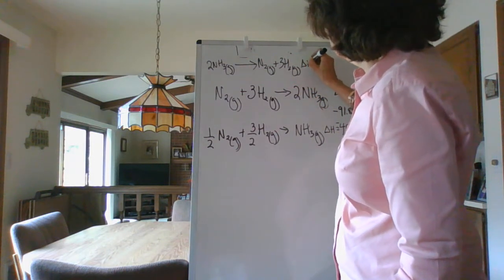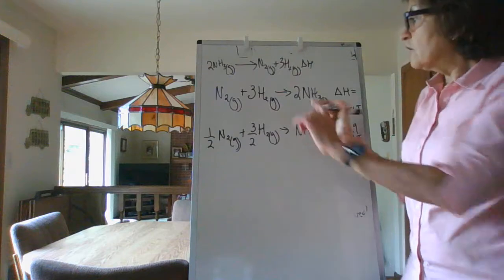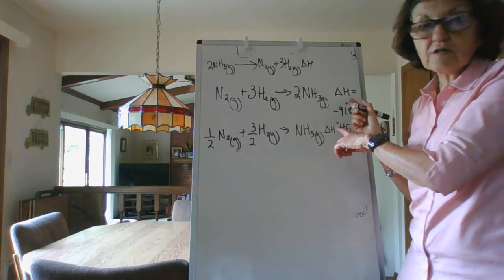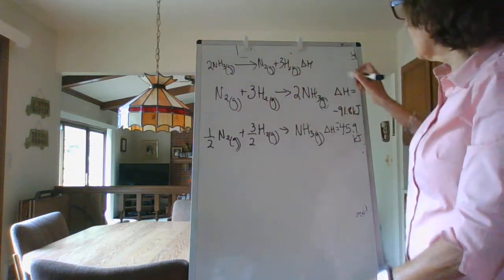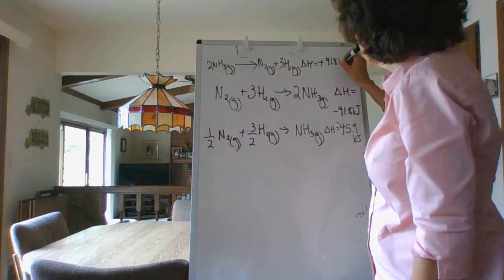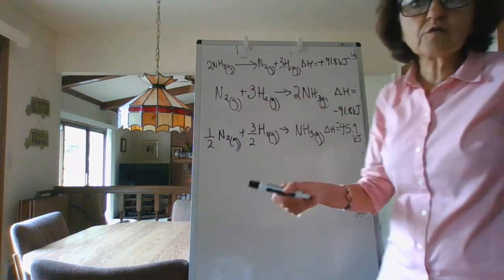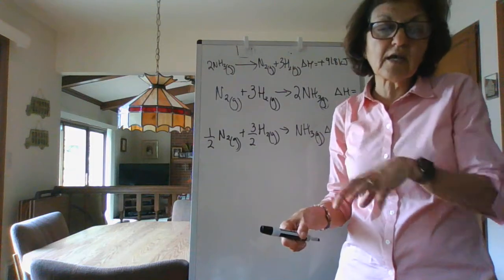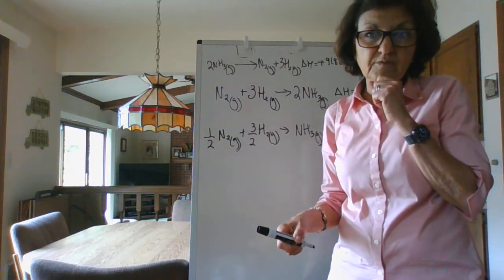Now, guess what you do to the delta H? You flip the equation, you flip the sign of the delta H. So now when we flip the equation, the delta H becomes positive 91.8 kilojoules. So you turned it from being exothermic to now being an endothermic reaction. Okay?